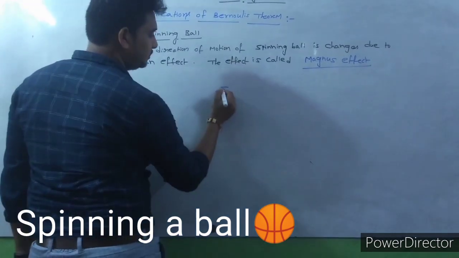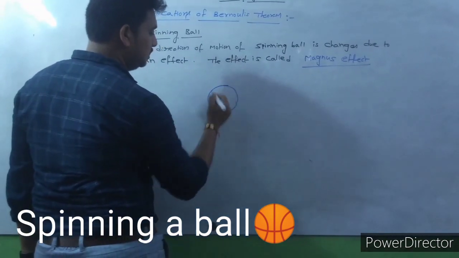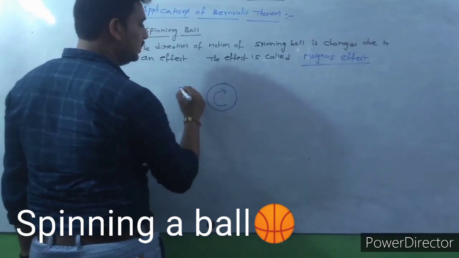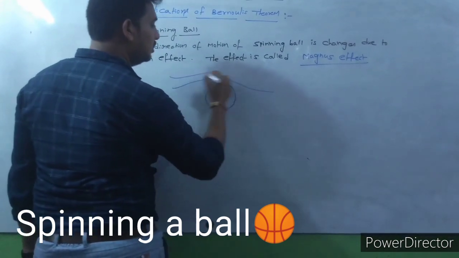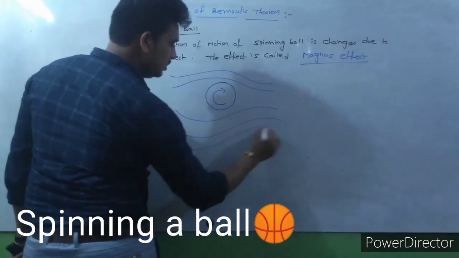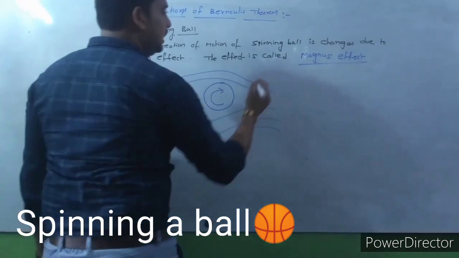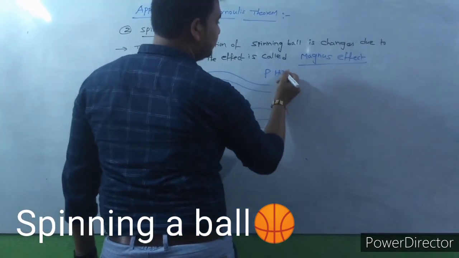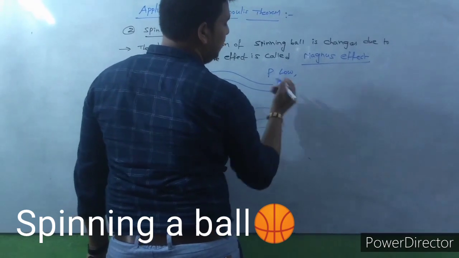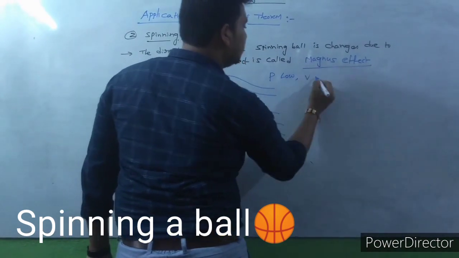Here also, if I consider a spinning ball, at the top part pressure is low and velocity is high.